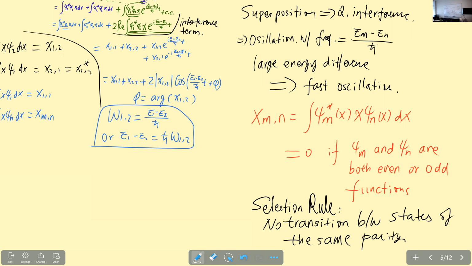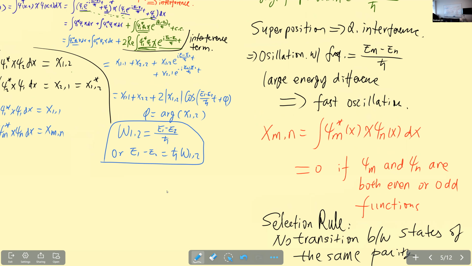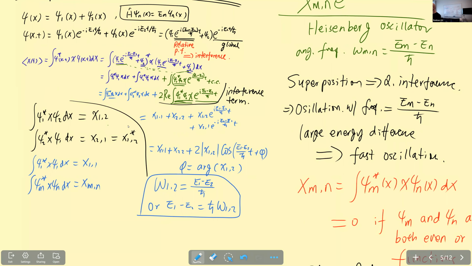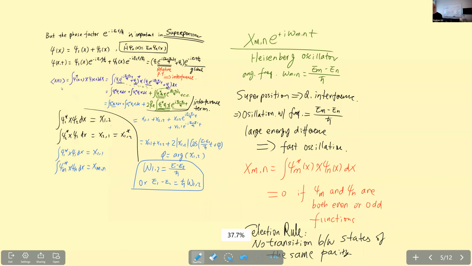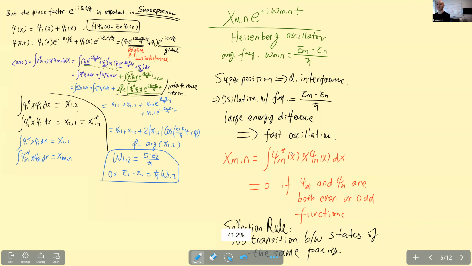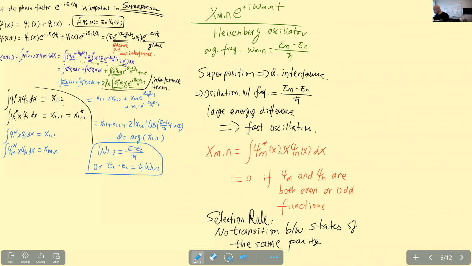That means they are either both even functions or both odd functions. So you can see that we see a number of interesting things.